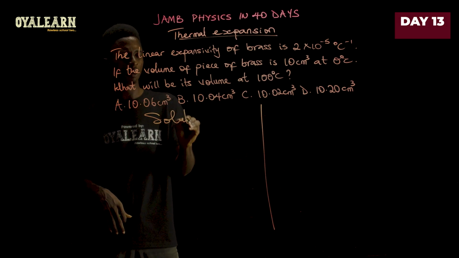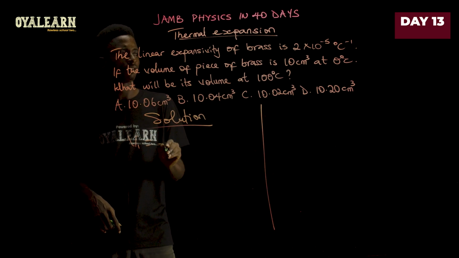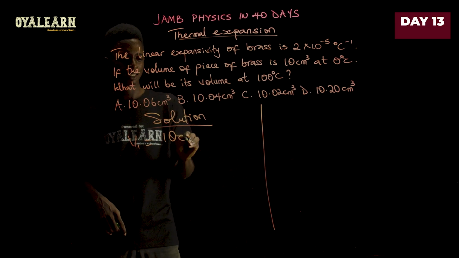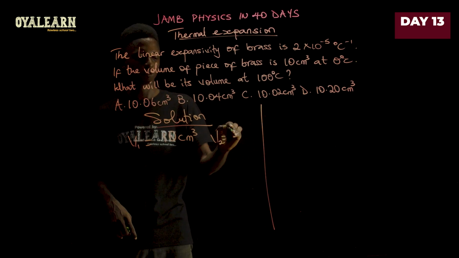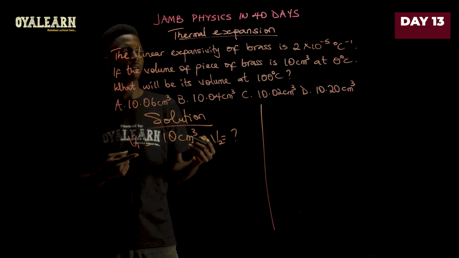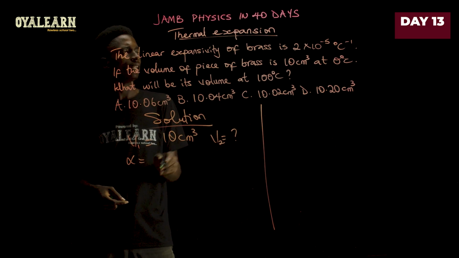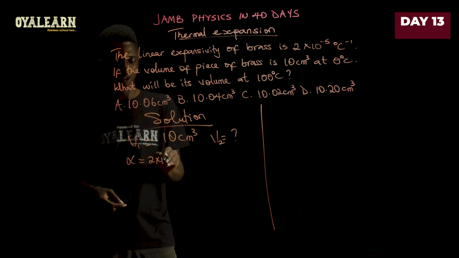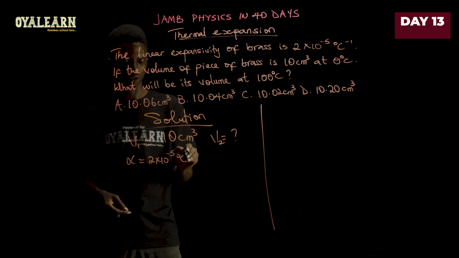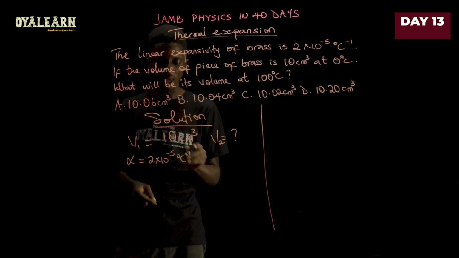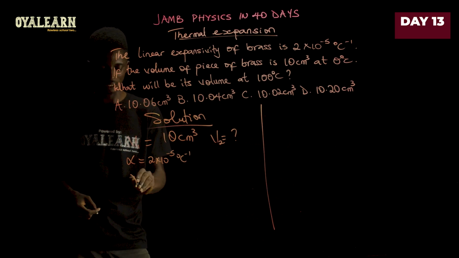Now, when we consider what we have in this question, we see that V1 is given as 10 cm cube, and we are asked to find V2. We're working with the volume here, but we're given linear expansivity, which is 2 times 10 raised to the power negative 5 per degree Celsius.